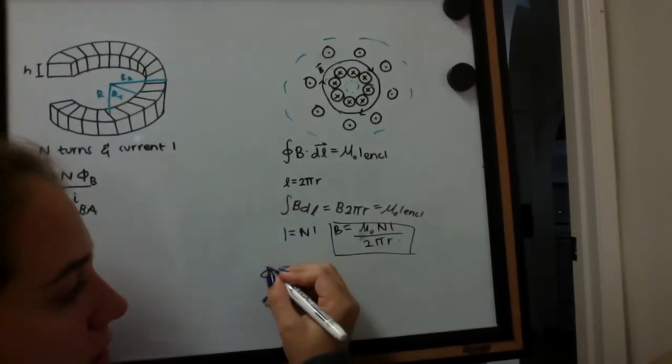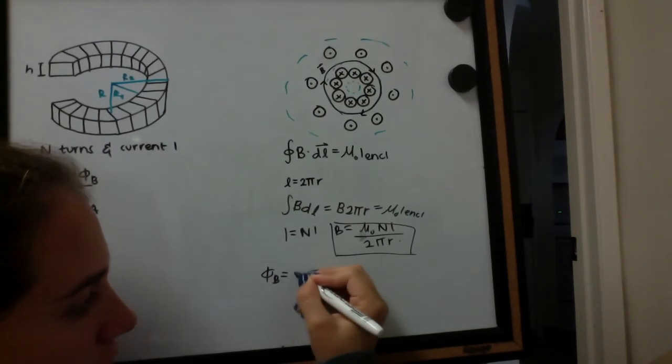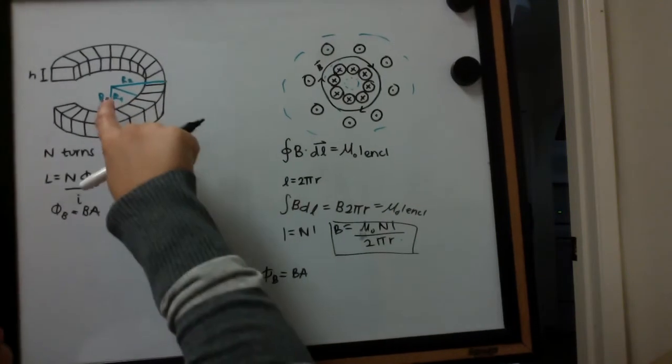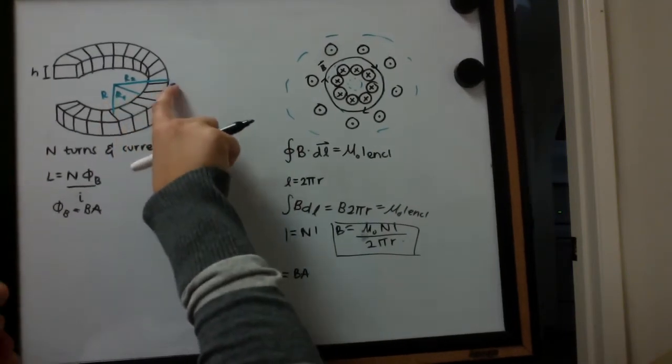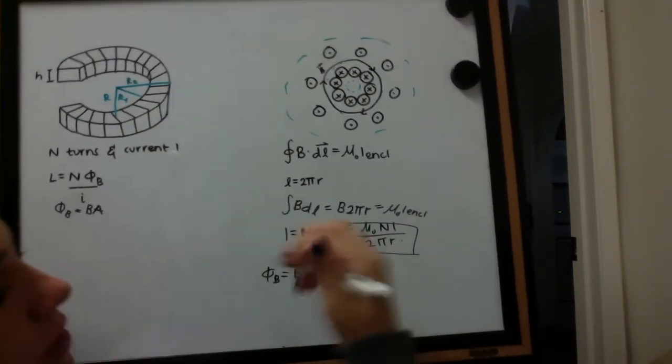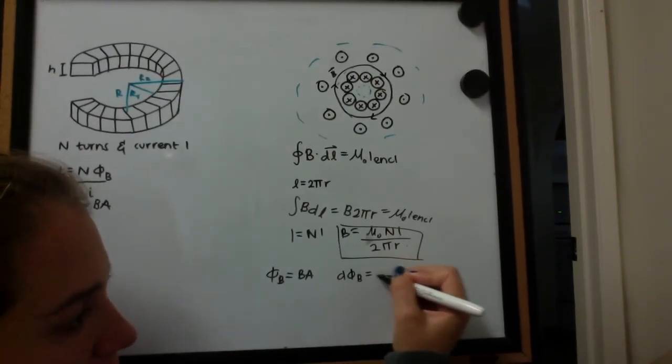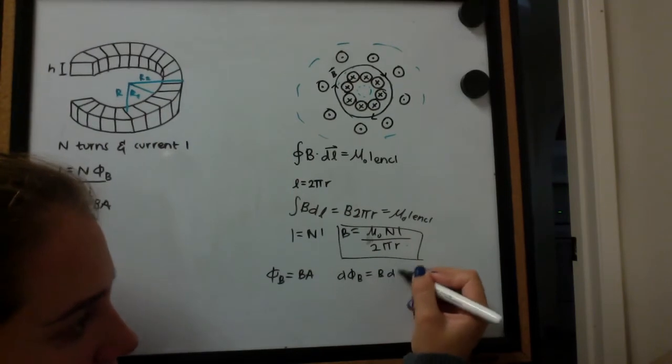Now to find the flux, we know that it's going to be BA, but we need to integrate from radius 1 to radius 2 right here. So we have d phi B equals B, which is constant, times dA.